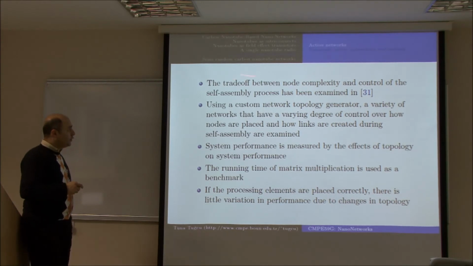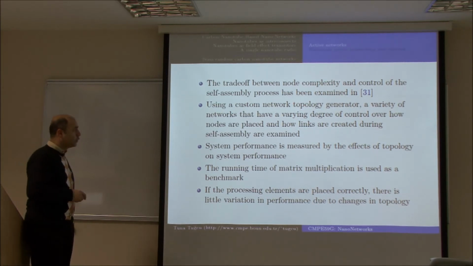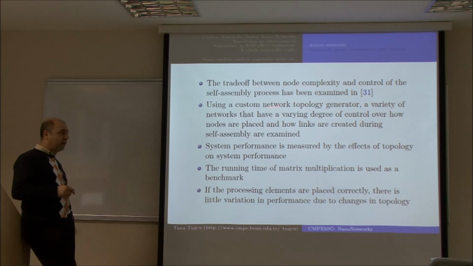So the trade-off between node complexity and the control of the self-assembly process has been examined in reference 31 again, using a custom network topology generator. A variety of networks that have a varying degree of control over how the nodes are placed and how the links are established between these nodes are examined in this paper.